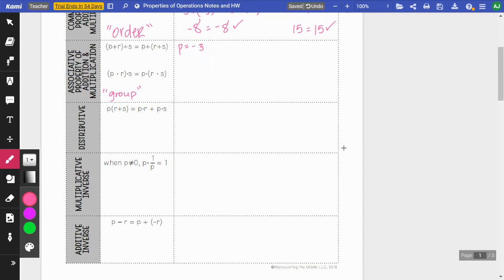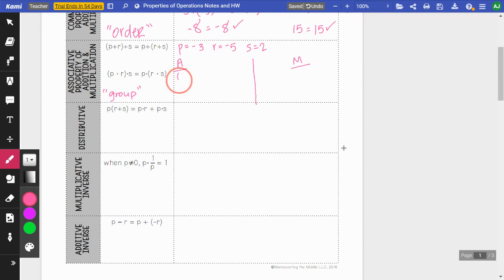I am going to substitute -3 again for p, -5 for r, and then we have s, which I'm going to use +2. I am going to set mine up again for addition and multiplication. Again, we're just proving that it doesn't matter what you group together when it's all addition or all multiplication, you will still get the same answer.